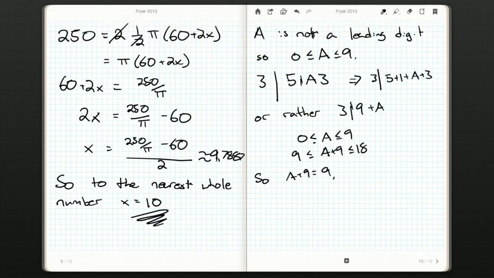So A plus 9 can be 9, 12, 15, or 18. All multiples of 3 in this range. And so we get A is 0, 3, 6, or 9.